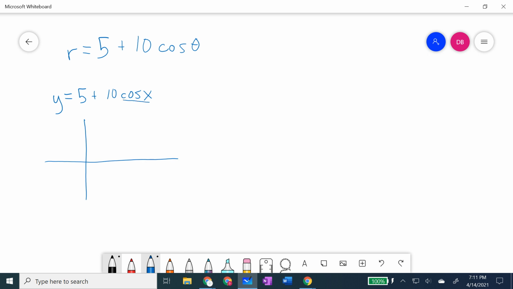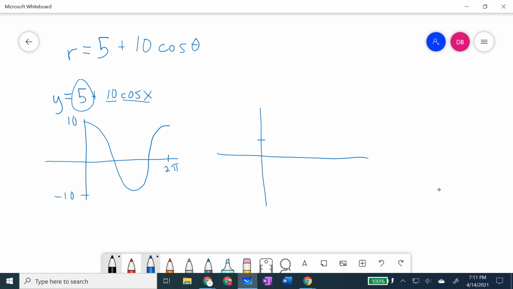So you've got your cosine graph stretched by 10, so it has that amplitude of 10, which would be looking like this, and then up 5 units.